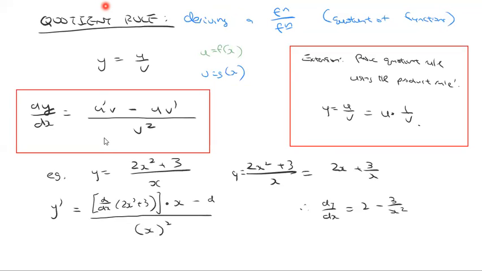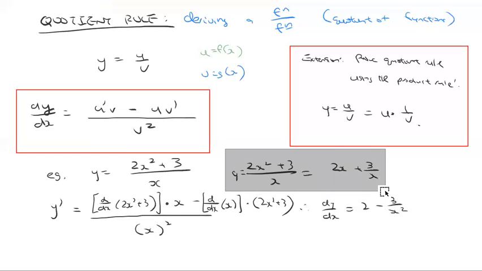And then you'll minus the derivative of the denominator, which is 1, times the numerator unchanged, which is 2x squared plus 3. So take a look at that. Let me know if you have any trouble with the working there in terms of what's required.